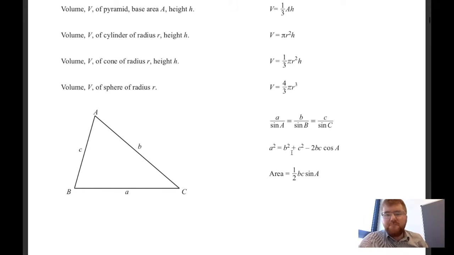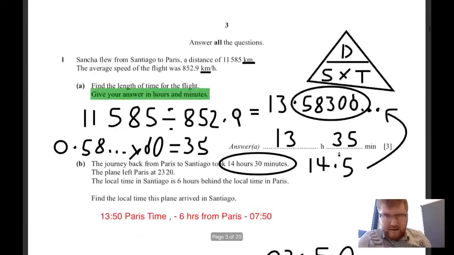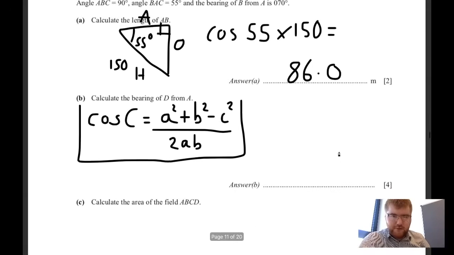This formula I just gave, I'd recommend learning off by heart, so you don't need to put yourself under pressure and rearrange this formula to get cos A as the subject. Notice with this formula, it would be cos A equals B squared plus C squared minus A squared over 2BC. So A is going to be the angle you focus on, whereas here I'm using C. Both are absolutely fine, you can use.